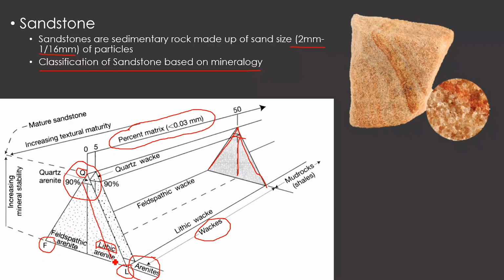For example, if I make this line, suppose it will have 20% of feldspar, and this line will have around, let us see, 70% of lithic fragments, and the third line will have 70 plus 20, so 90 plus 10% or 15%.